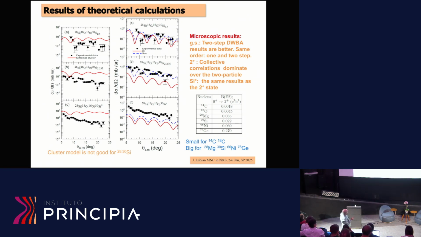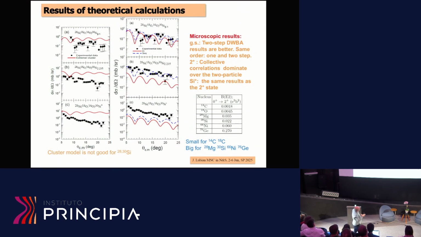It's not a good model. But we see that for the ground state, the first excited state, and here a combination of some states that cannot be resolved experimentally, and of course in the theoretical calculation we put all of them together, the sequential transfer dominates in all the cases, although you cannot say the direct has no influence at all.